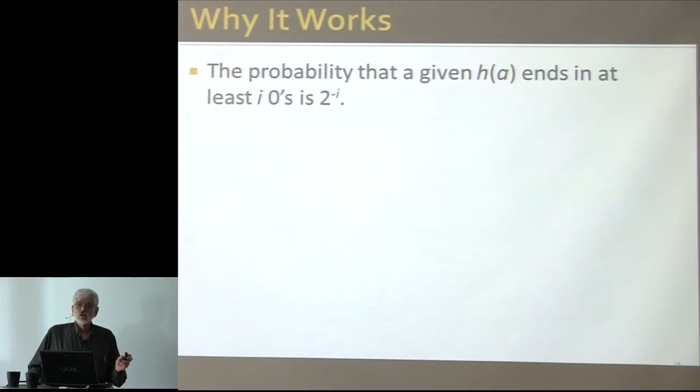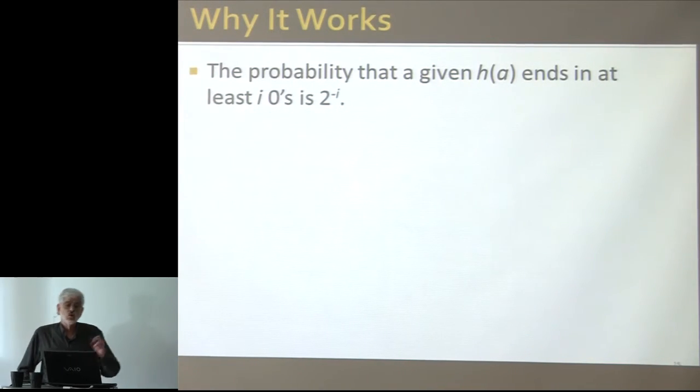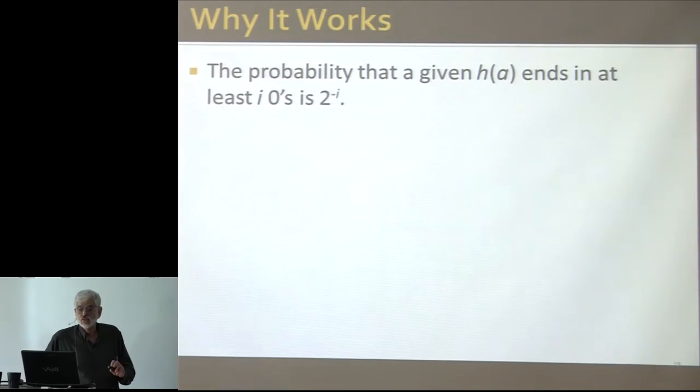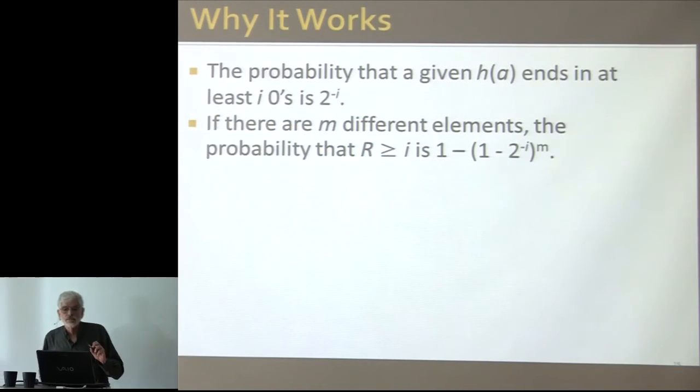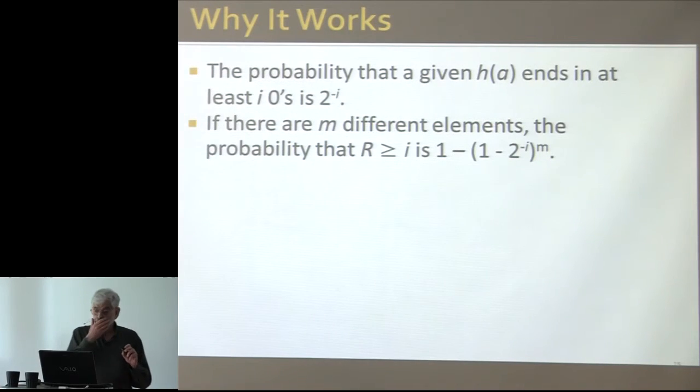That is, the probability is 1 that it ends in at least no zeros, a half that it ends in at least 1 zero, a quarter that it ends in at least 2 zeros, and so on. Now suppose that the true number of different elements is m. That means I'm hashing m different elements.